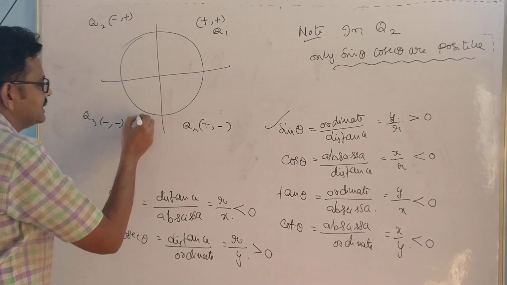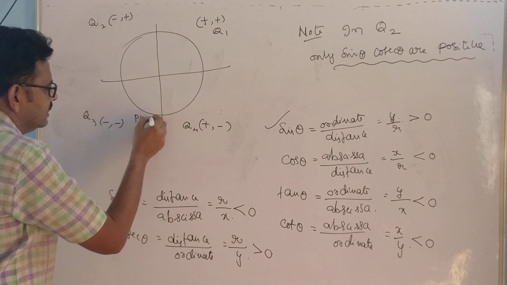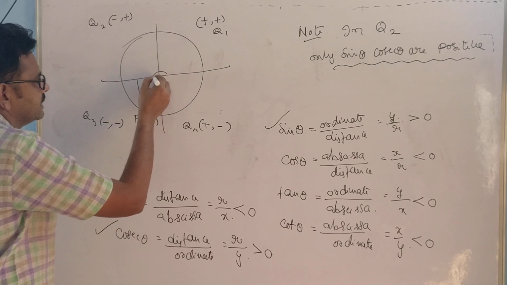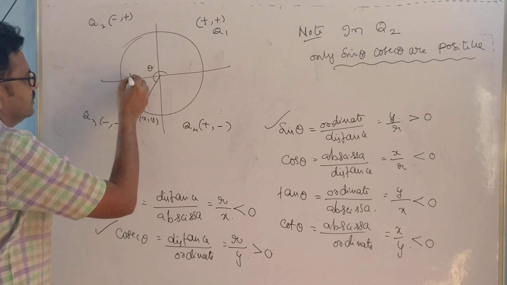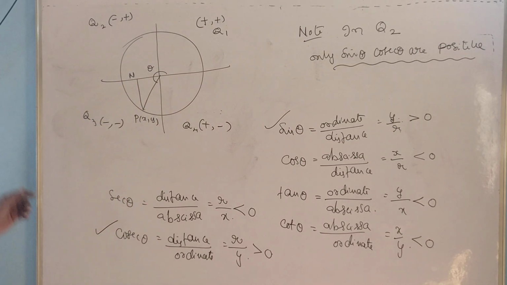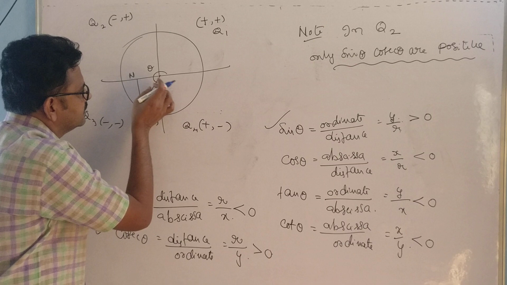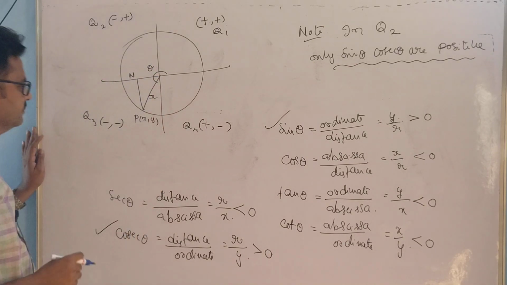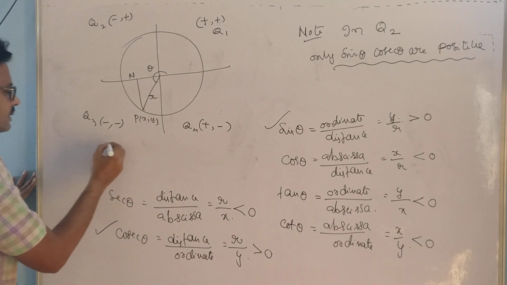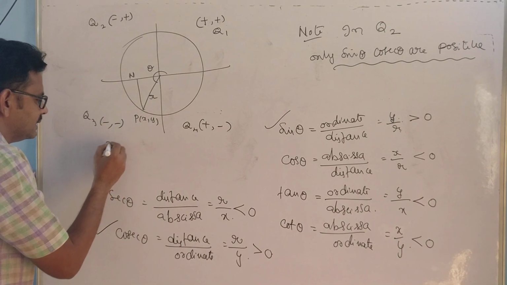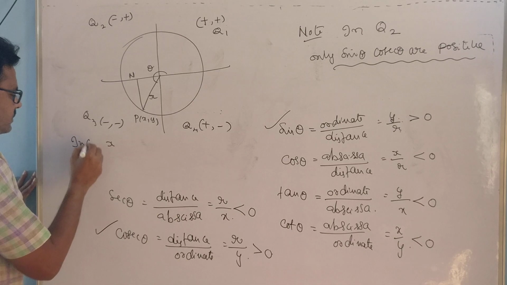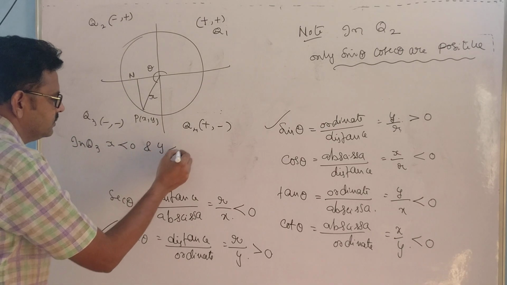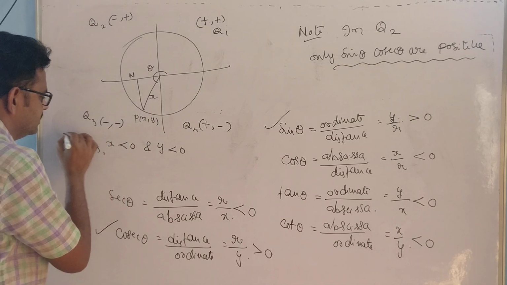Suppose the point x, y lies in the third quadrant, and this makes an angle theta. So this is theta, this is x, this is y, this is r always. So x is negative in Q3, x is less than 0 and y is also less than 0.